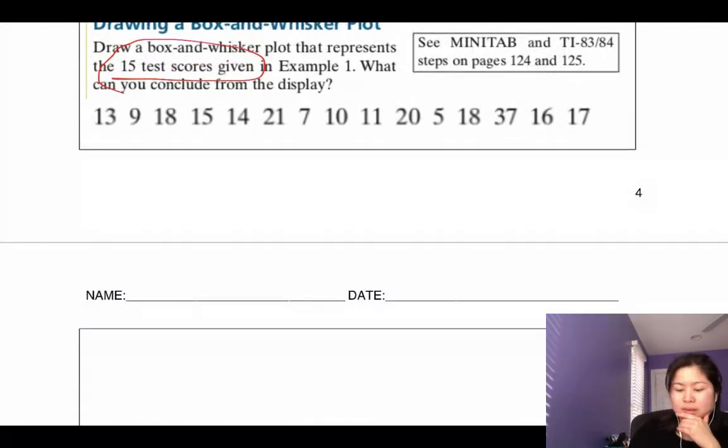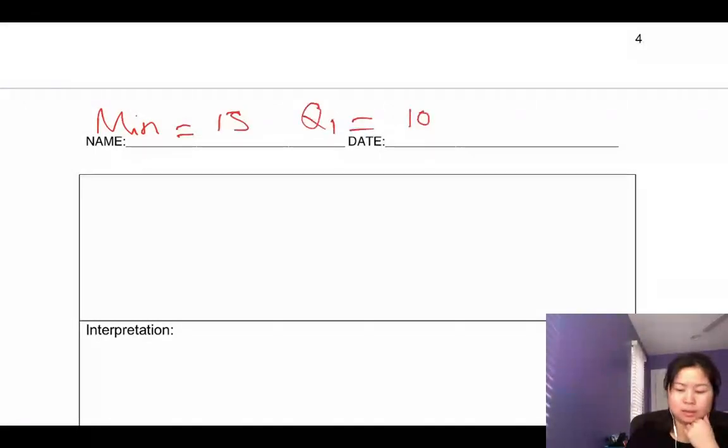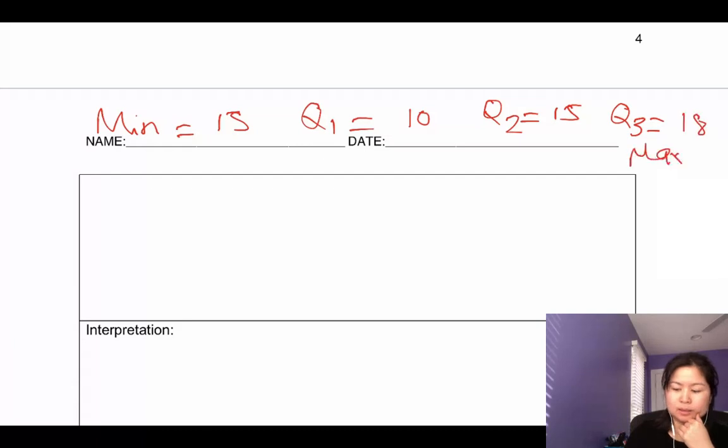If this is the data, 15 test scores, I'm going to write down what we know. The minimum is 15. We know Q1 is 10. We know Q2 is 15. We know Q3 is 18. And the highest value is 37.